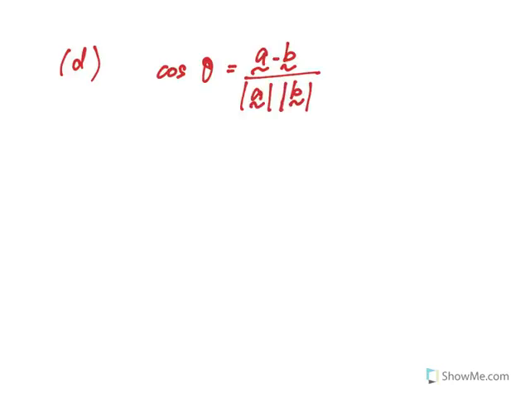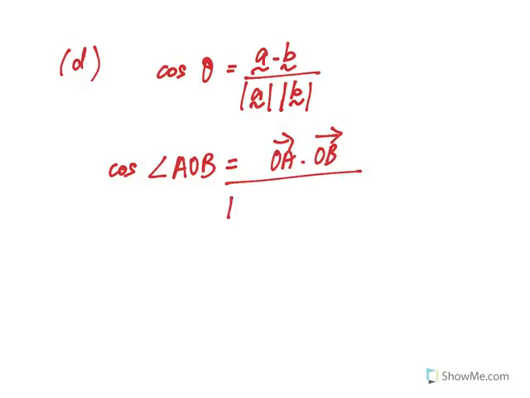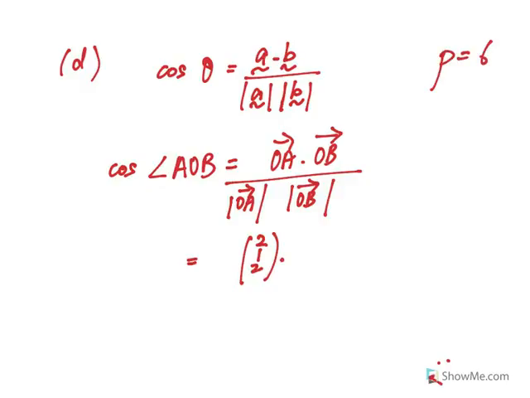So cosine angle AOB is just OA dot product with OB over the magnitude of OA and the magnitude of OB. OA is (2, 1, 2) here, because in this case p equals 6, and OB is (3, -2, 6).